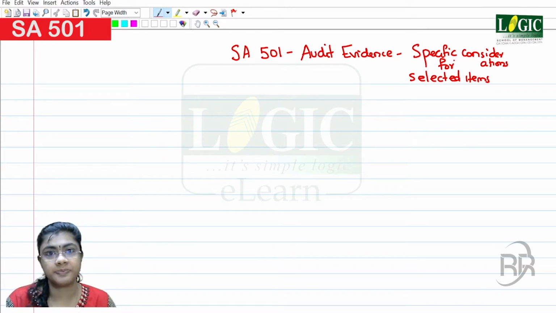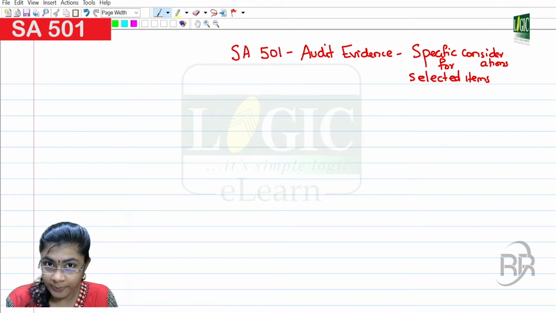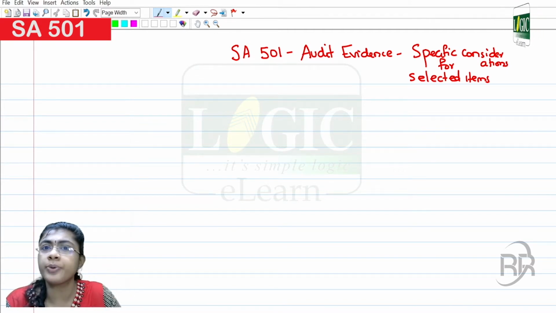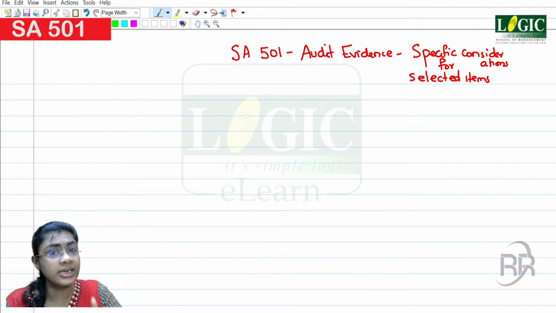Selected items. We are in SA 501. Here we are going to collect sufficient and appropriate audit evidence with respect to selected items, specific considerations.